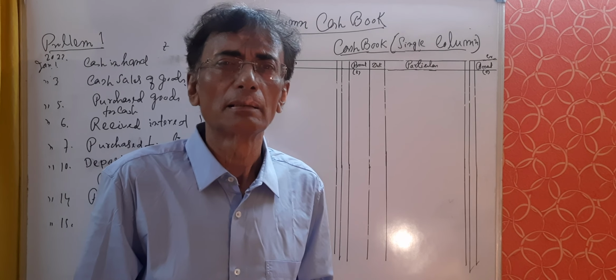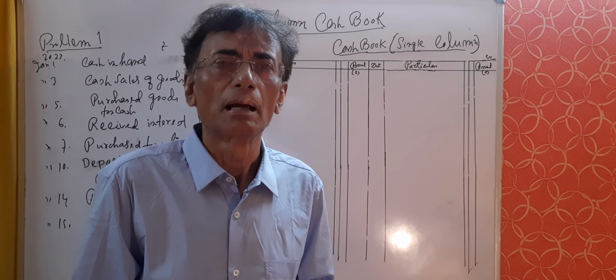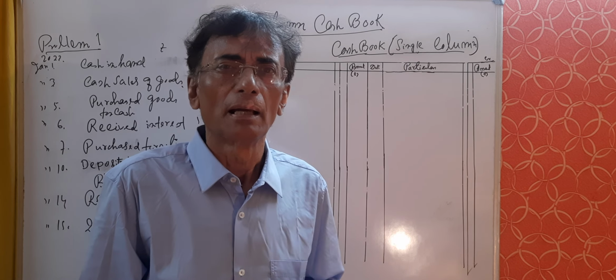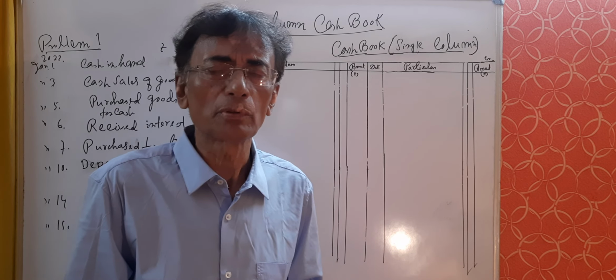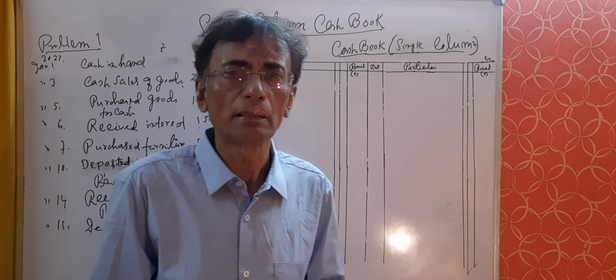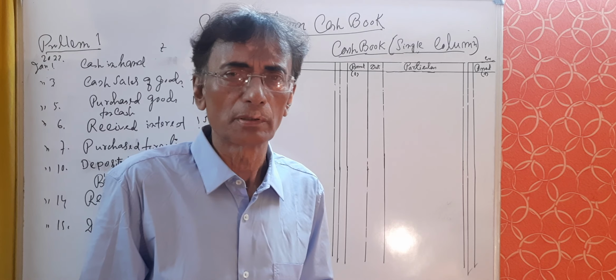In today's class, I shall discuss how cash book is maintained practically, and I shall solve a problem on single column cash book on the board. Please follow my class with all your attention for better understanding of the concept single column cash book.